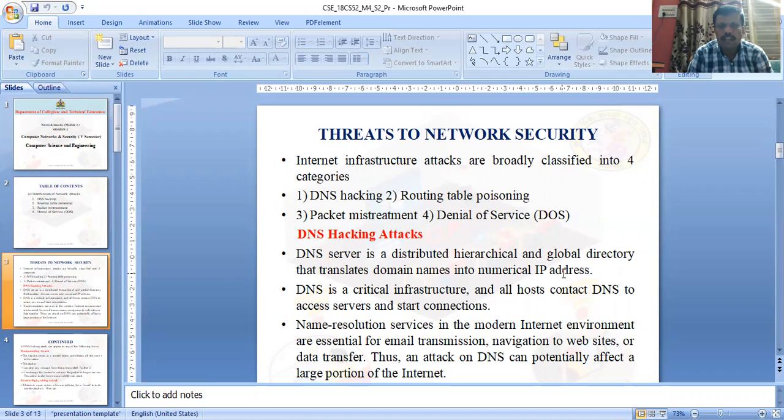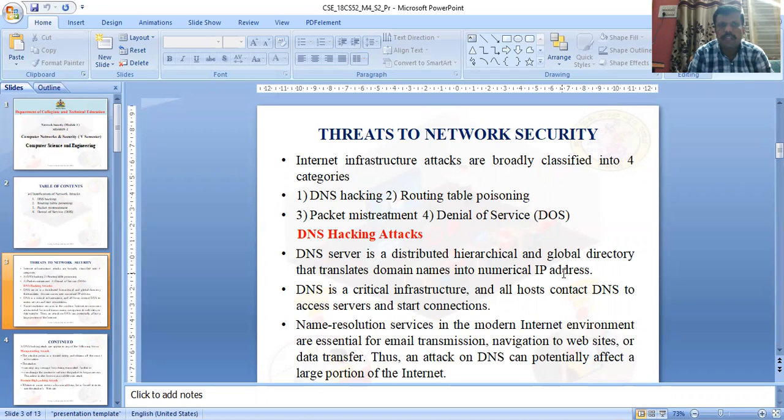For example, vtu.ac.in. VTU is a university, and ac indicates an academic system. The website is launched in India, because VTU, Visvesvaraya Technological University, is in Karnataka.